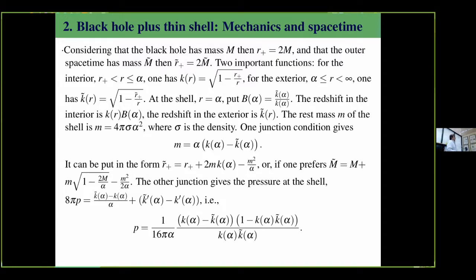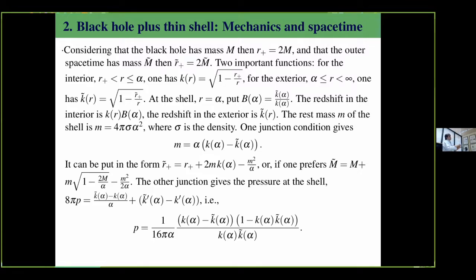At the shell there is the connecting function, and the redshift for the outside is precisely given by this function, and this is a very important function, and the redshift for inside is given by this function times b, which is also going to appear. So don't forget, k is 1 minus r plus over r; with tilde, you have to put a tilde, without tilde you don't put a tilde.